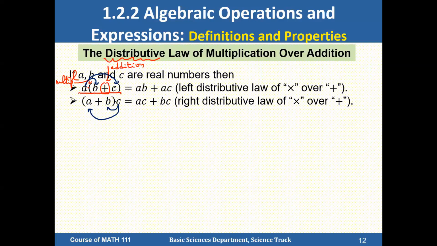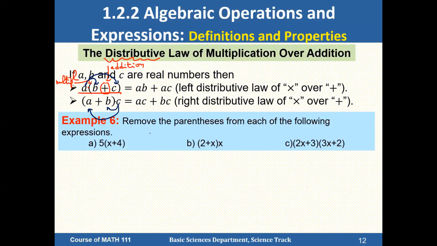Here we multiply all terms inside the parentheses by A. So it's a left distributive. هنا ضرب the multiplication of real numbers since it's commutative left to right are same. الترتيب مش مهم. لكن بعض الأحيان تفرق left and right.